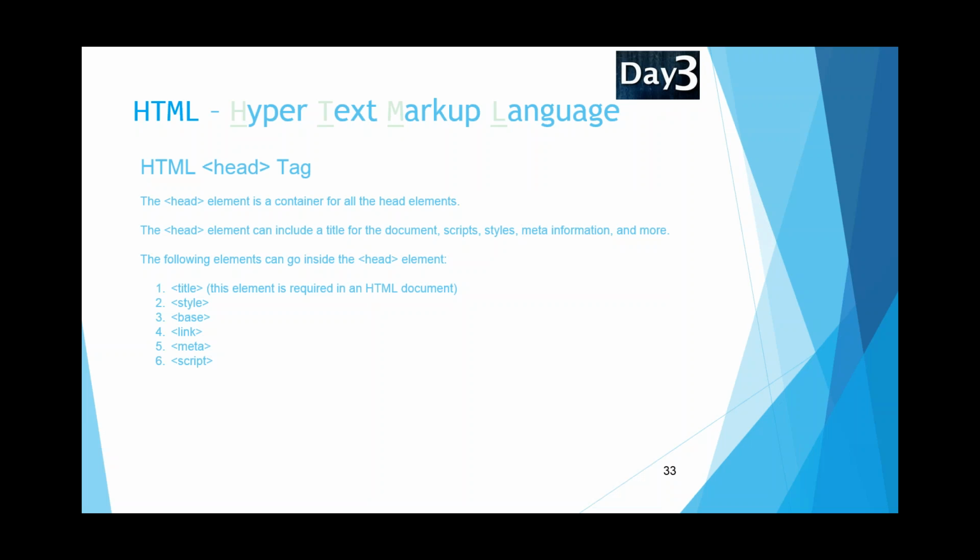Okay, so now we have the head tag. Inside the head tag, the very important elements we can use are title, style, base, link, meta, and script tags. As we discussed earlier, CSS and JavaScript, one is used to decorate your HTML, another is used to control your HTML elements.